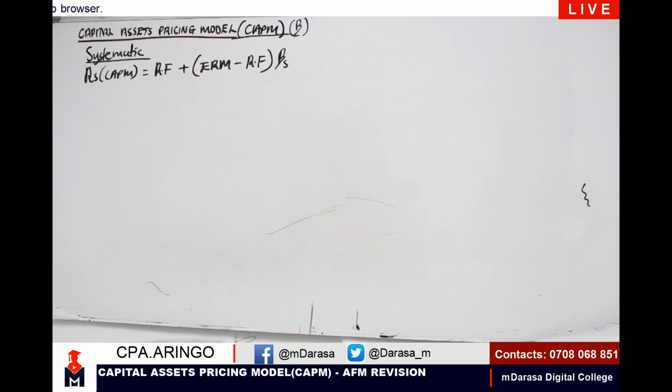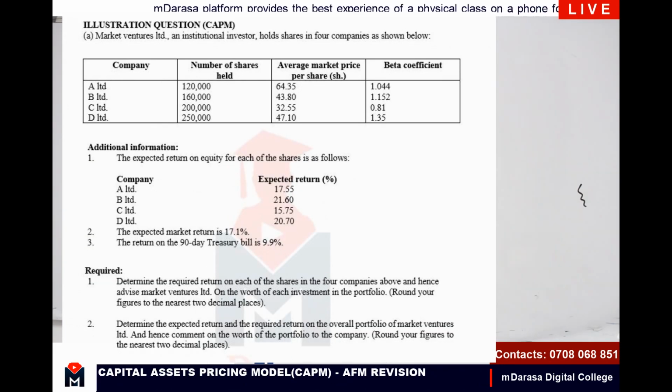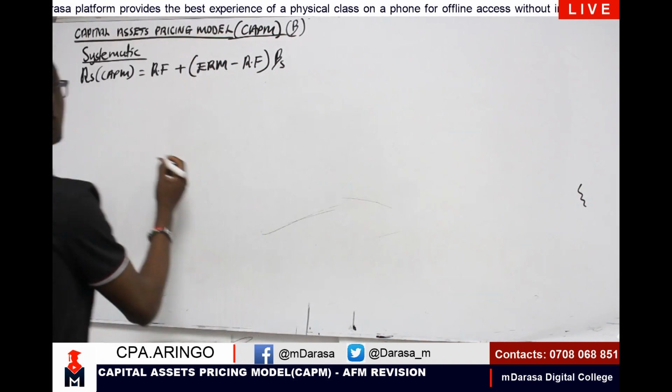Anytime we are dealing with the capital asset pricing model, my good students, and we are asked, as this question asked us, to determine the worth, you should always remember that what the examiner basically wants us to determine is what we normally refer to as the alpha value.